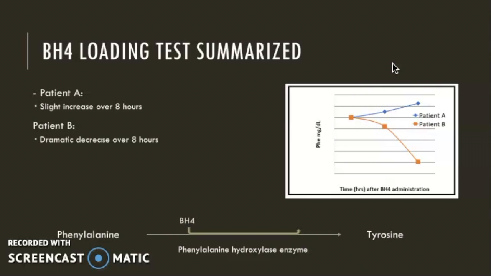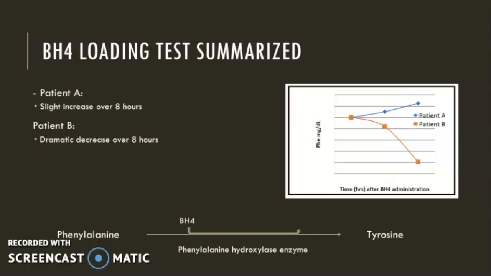Looking at patient A's results, I believe this confirms that they do have PKU. From loading to 8 hours, the phenylalanine levels have increased, which means that the additional BH4 did not increase the conversion of phenylalanine to tyrosine. As previously mentioned, this is most likely due to a mutation in the phenylalanine hydroxylase enzyme.